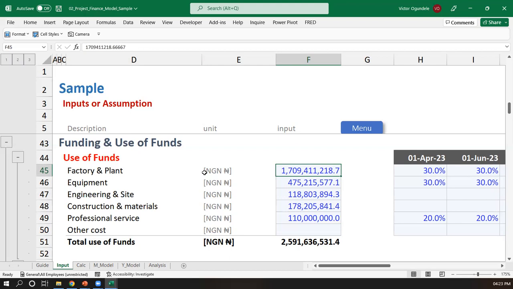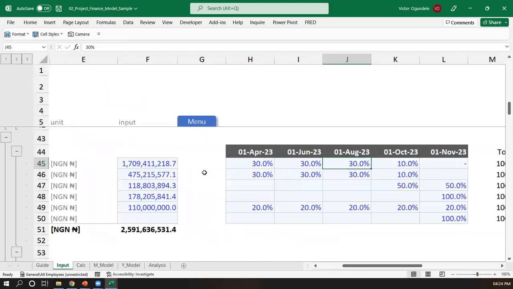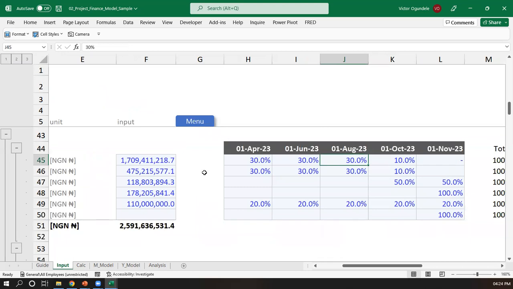No. They want to see how you plan to spend this. Timing is very, very important. Maybe in the first quarter, they're going to spend 30% of that money that we've listed. Which means, as at that time, that is the amount you can draw from the reserve. During this period, maybe you draw another 30%, right? During the construction period, then another period 30%, and another period 10%. So you must be able to give what we call cost profiling.